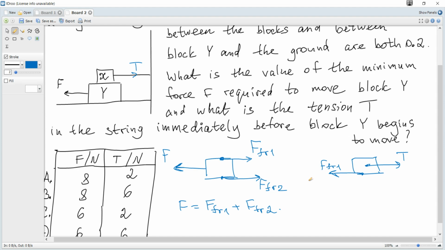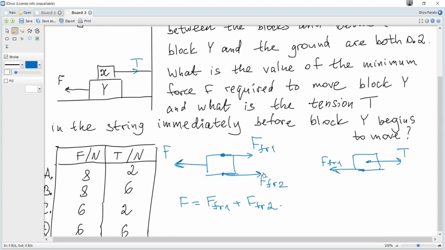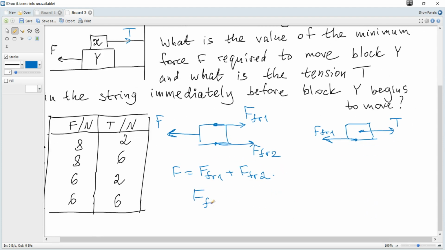All forces arise in pairs, and according to Newton's third law, this F frictional 1 and this F frictional 1 are action-reaction pair. So F frictional 1 is equal to tension, just balanced. And you can see that you can substitute, and you can see that F is tension plus F frictional 2.